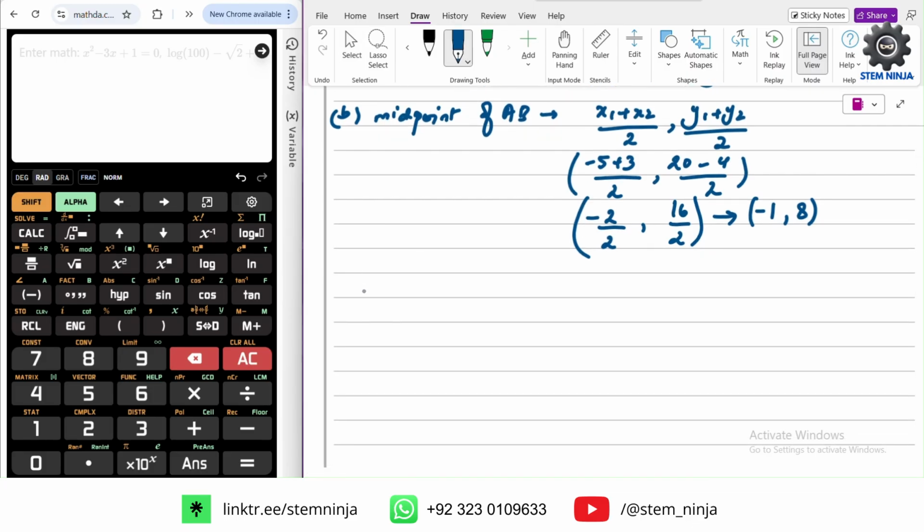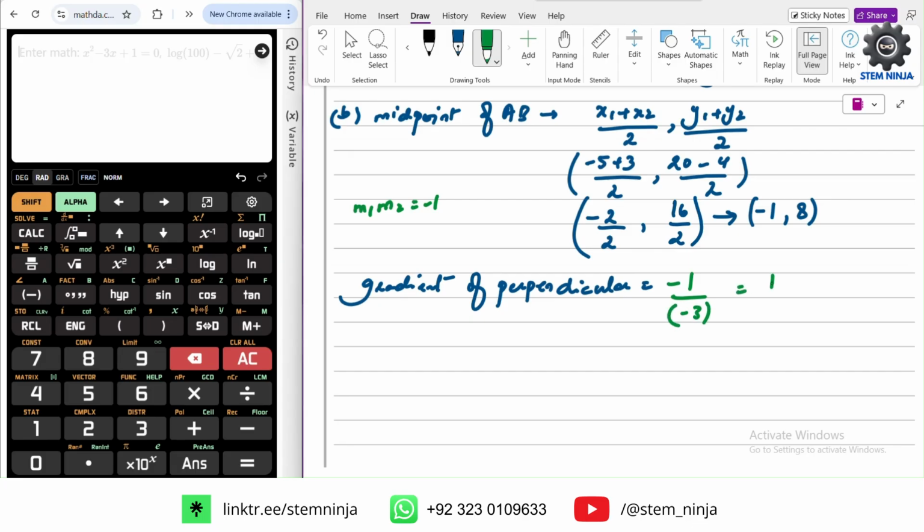Now what do we need? We need the gradient of the perpendicular line. So it's going to be the negative reciprocal. So we are going to use this principle, m1 m2 is equal to -1. So -1 over -3. So basically you will get 1/3.